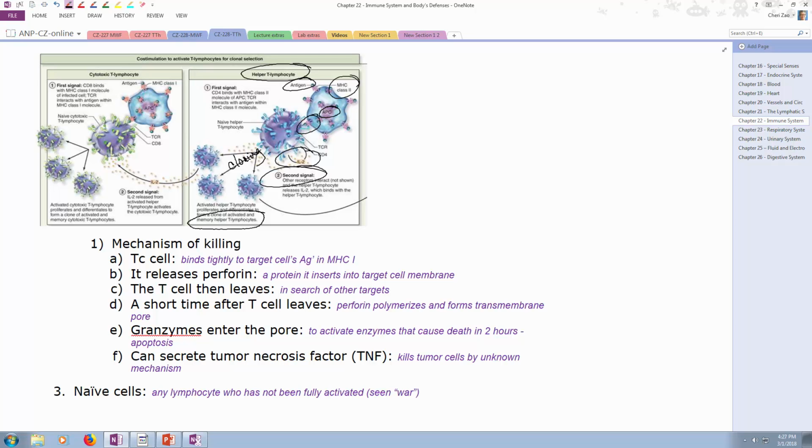And if you're cloning a bunch of memory cells, that means you have more memory. And these memory cells, guess where they go? Guess where these T cells go? Lymphoid organs, yes. So previously you didn't have these memory cells. Now you have these memory cells that are ready to go at the drop of a hat.